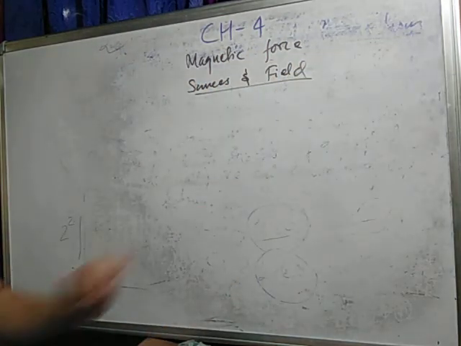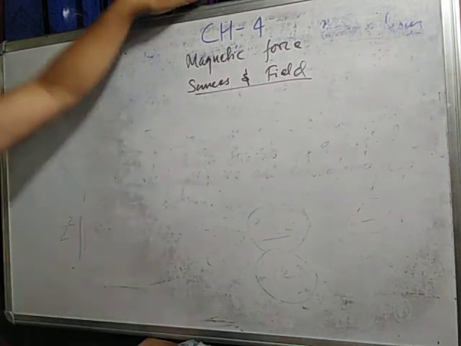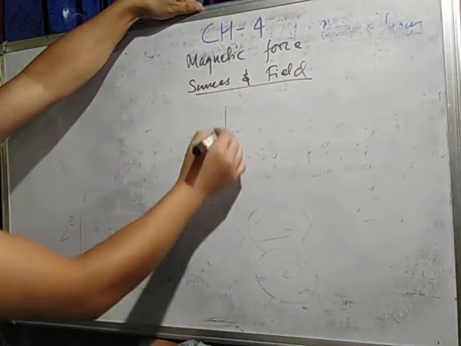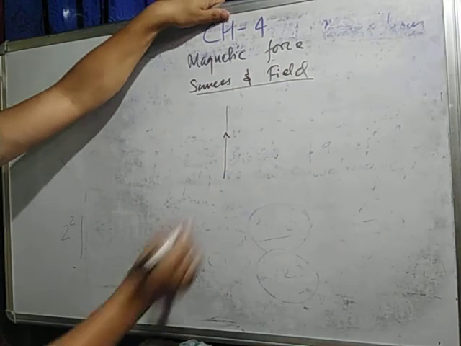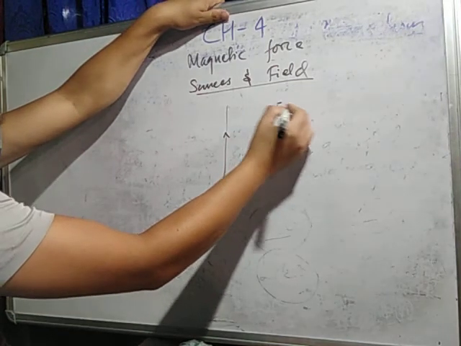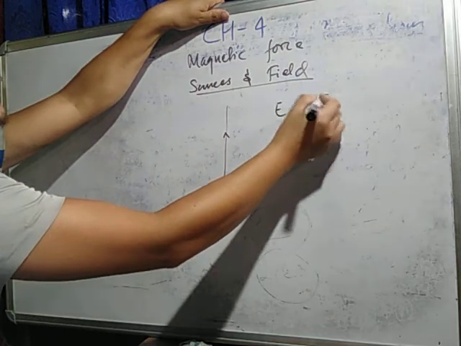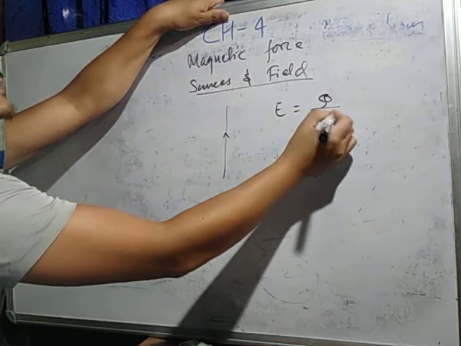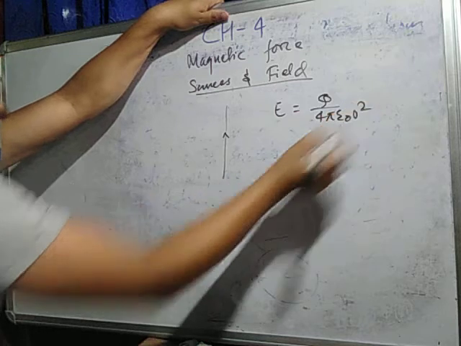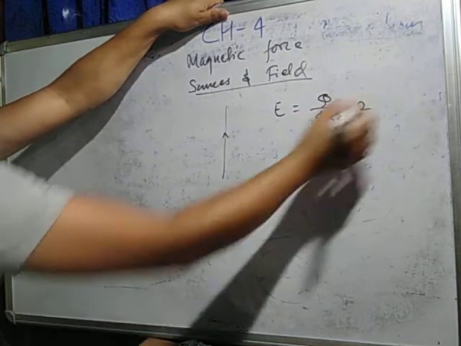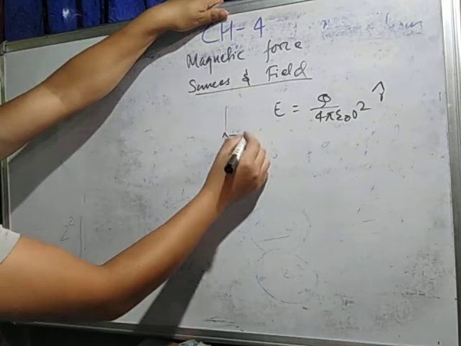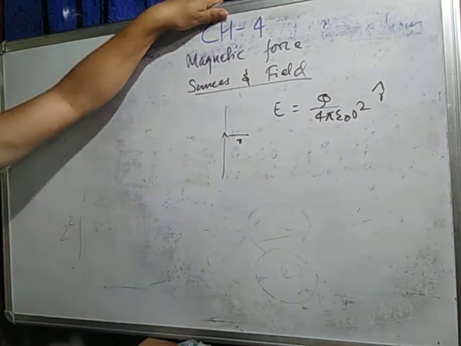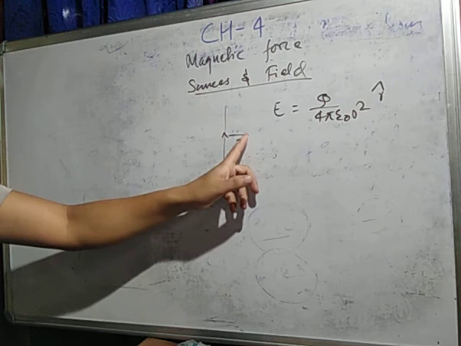In your previous study, you know the electric field due to a charge is E equals Q by 4 pi epsilon naught r square, with r cap as the direction vector.